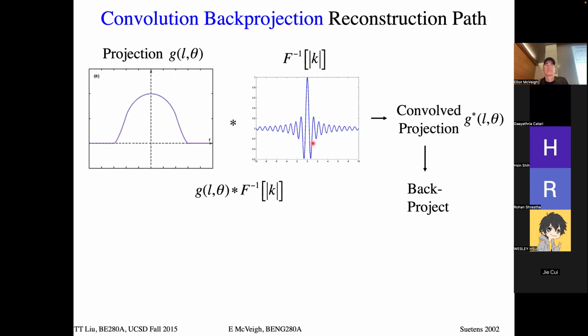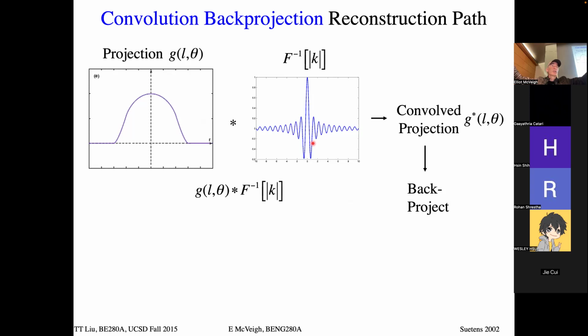So the question is, is the inverse Fourier transform of k bounded? Does it have finite energy? Because it sure would seem that this function in the Fourier domain does not. It goes on forever, right?